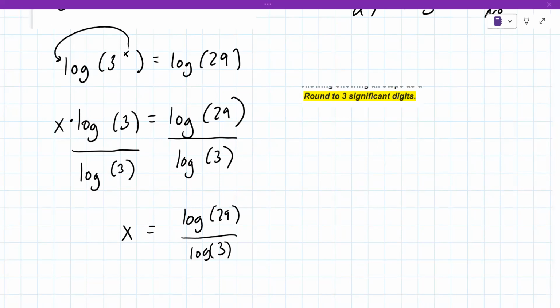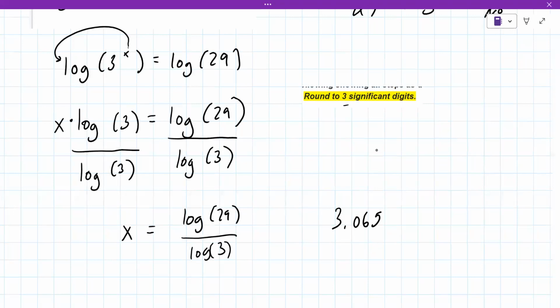The answer would be 4.85. Got something different than you. So you typed in log 29 over log 3. Should look exactly the way it's written here. Yeah, hold on one second. Okay, there. It would be 3.065. Okay, so that's 4 digits.